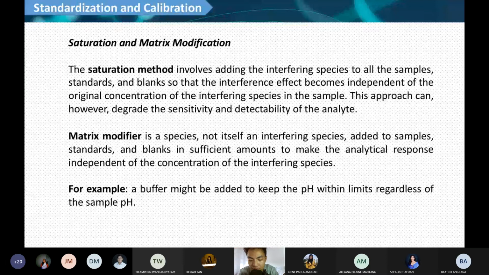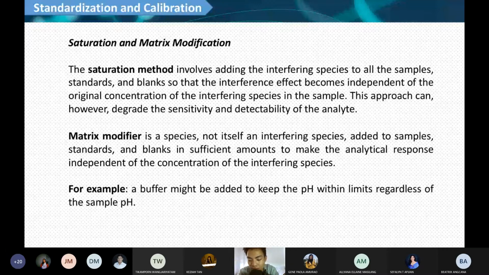Another method is the matrix modifier. Matrix modifier is a substance that is added to your solution in order to suppress the amount of your interference. So these are solutions that help to remove or to help minimize the response of your interferences from your analytes.